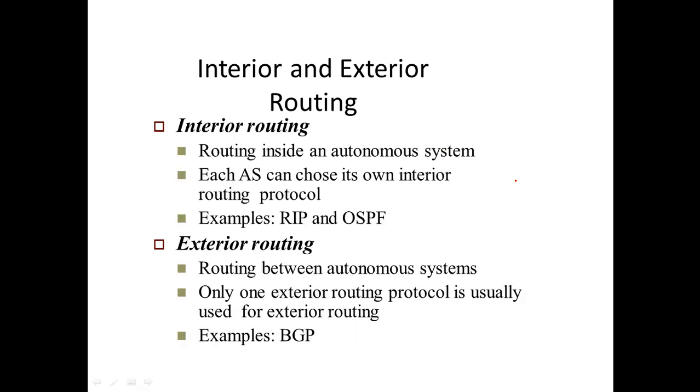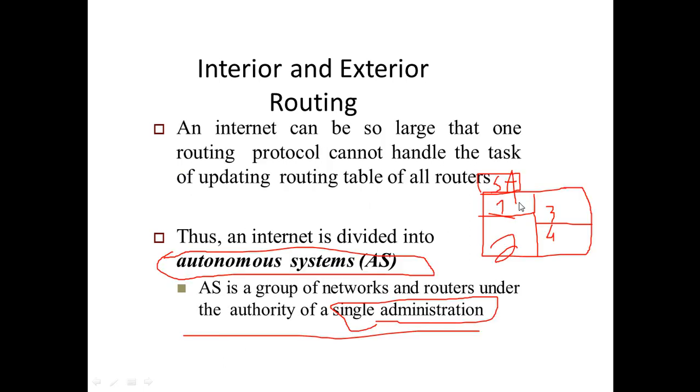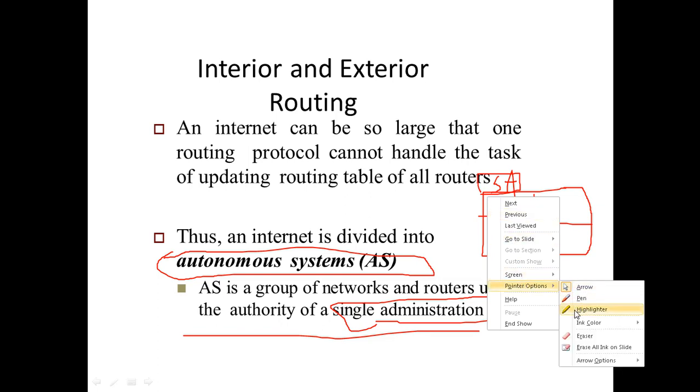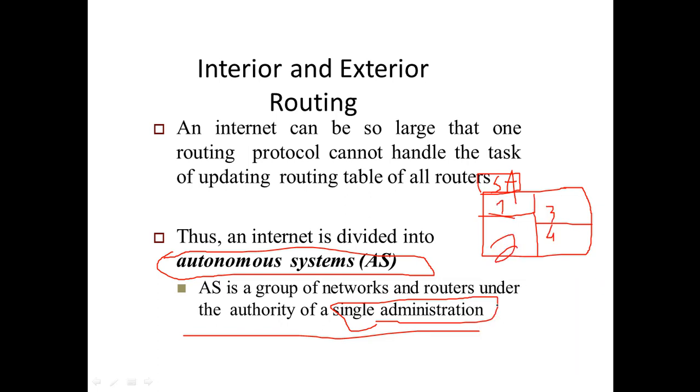So interior routing and exterior routing. Interior routing is that routing which is inside an autonomous system. If you are using some kind of routing inside one AS, this is known as interior.